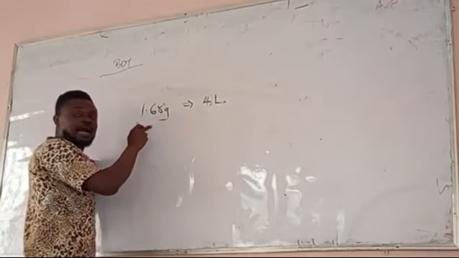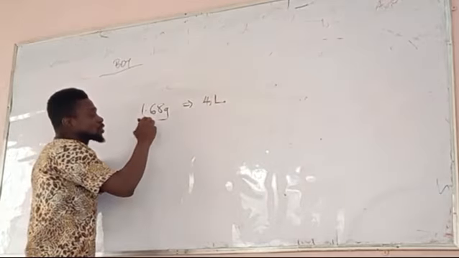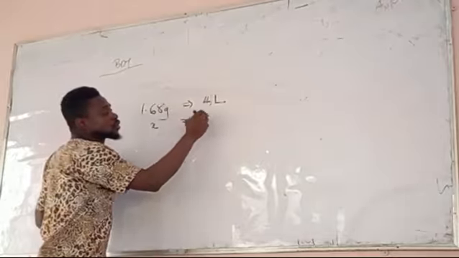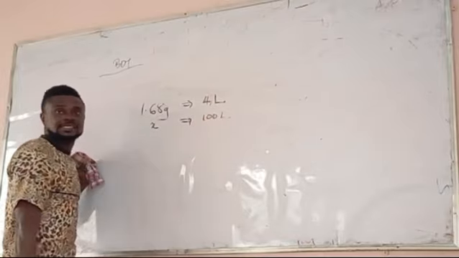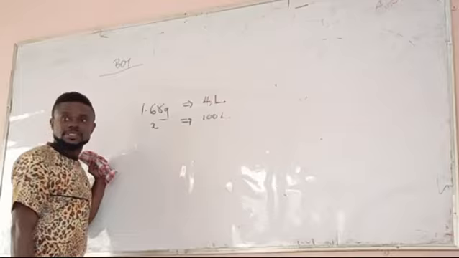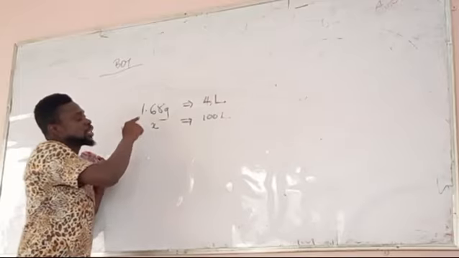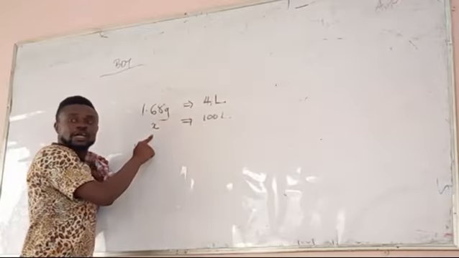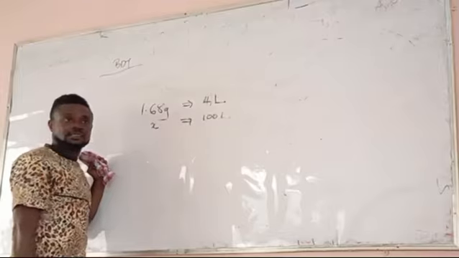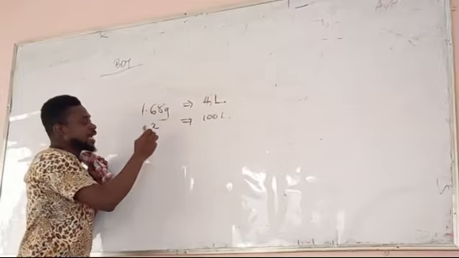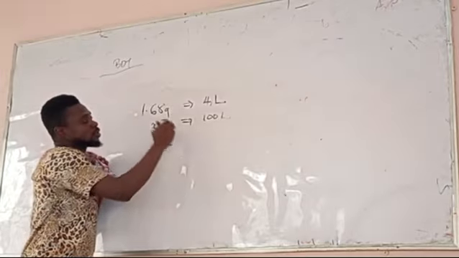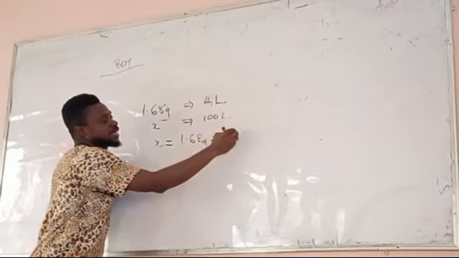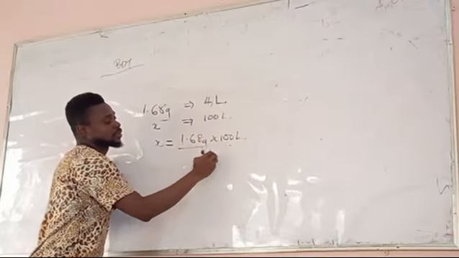So how many grams of sodium bicarbonate, which we don't know, call it X, will be required to produce 100 liters? Is that clear? If 1.68 gram is required to produce 4 liters, how many grams is required to produce 100 liters? So we cross multiply. X is equal to 1.68 gram times 100 liters over 4 liters.